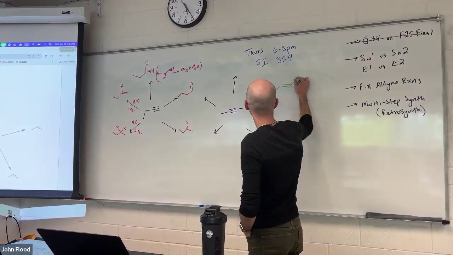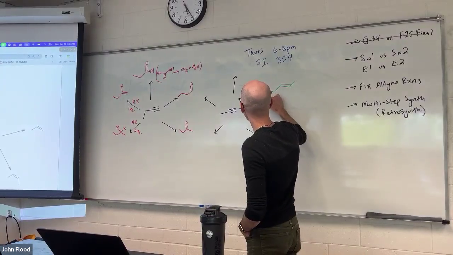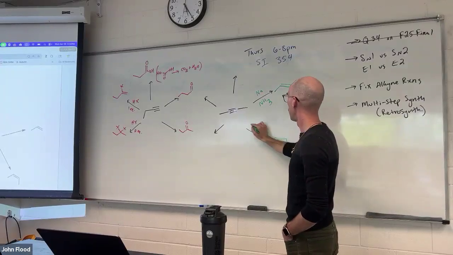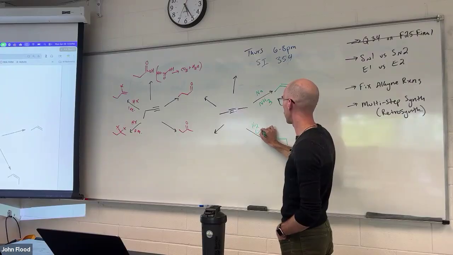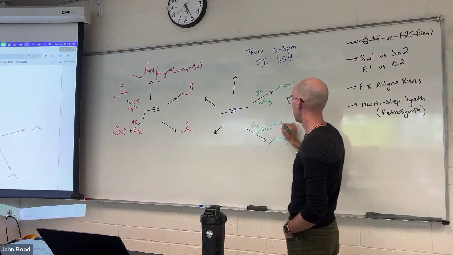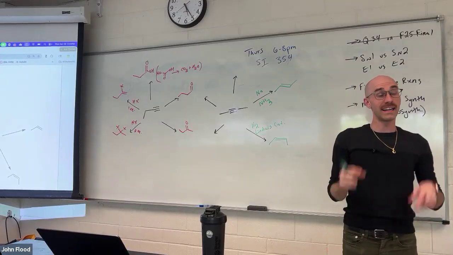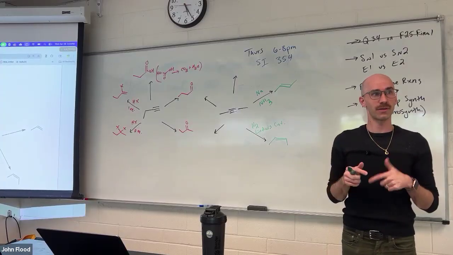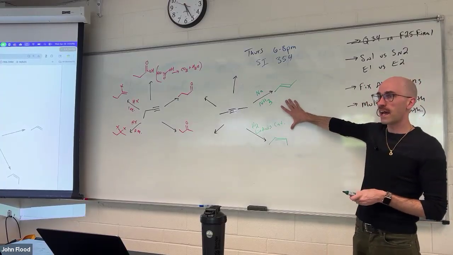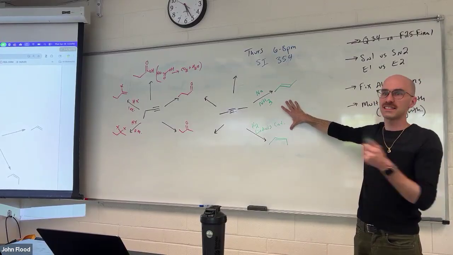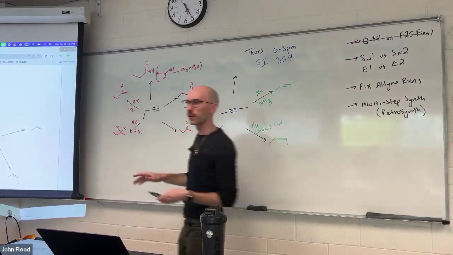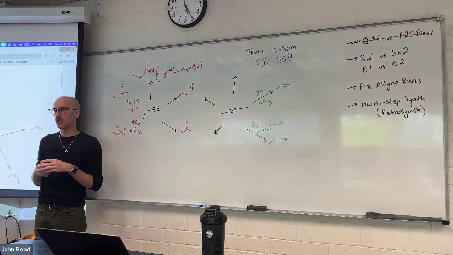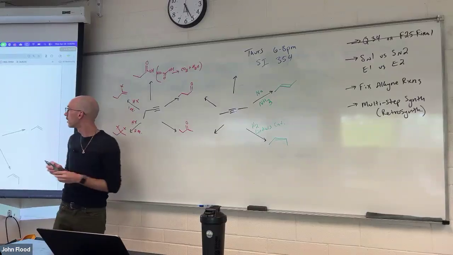On the right-hand side, we showed that metal ammonia reduction gives a trans alkene, but hydrogenation with Lindlar's catalyst gives a cis alkene. I needed it to be an internal alkyne to highlight some of that stereochemistry because these two reactions give the exact same product on a terminal alkyne. Only internal will you see the cis or trans nature of those partial hydrogenations.